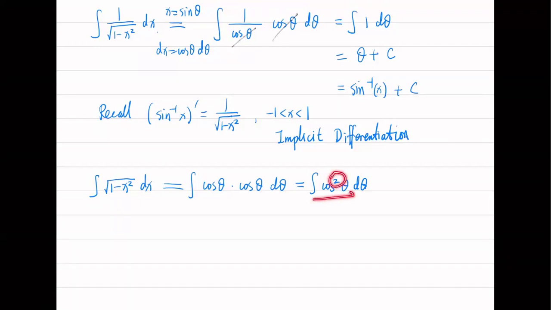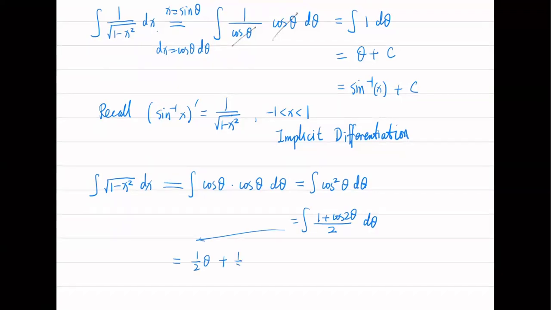The double angle formula. What's that? Double angle formula for cosine square. Then we integrate. Again, I get more space. It will be theta. Integral of this one.